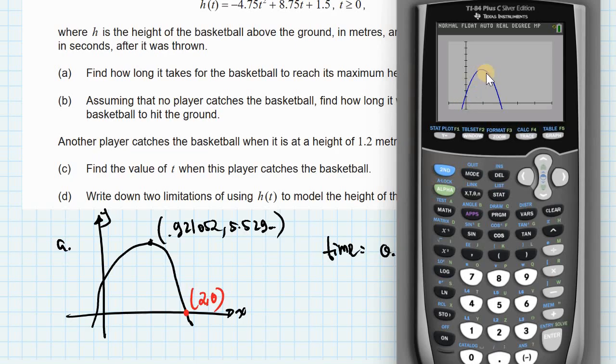So the ball goes here, and then this one, 1.2, is here. Second, trace, the intersection. The first curve, the blue one, enter. Second curve, the red one, enter. Guess, nope. So we have x is 1.875 blah blah blah.